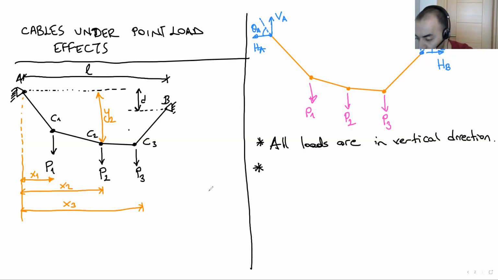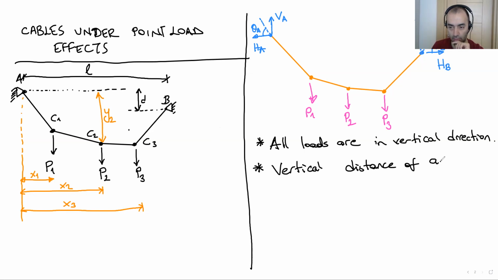Second assumption: the vertical distance of any point is known. We know the vertical distance of any point.